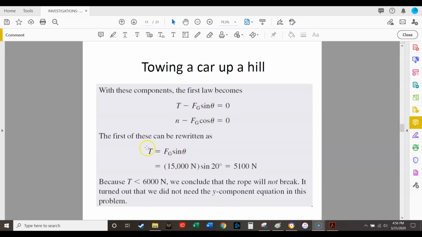And when he compared that, he solved for T is equal to mg sine of 20 degrees. Okay, so the weight was pulling down the ramp, down to the left. The tension is pulling it up the ramp, up and to the right, the positive x direction, and that's 5,100 newtons. So therefore, it does not exceed 6,000 newtons, and the rope does not break.